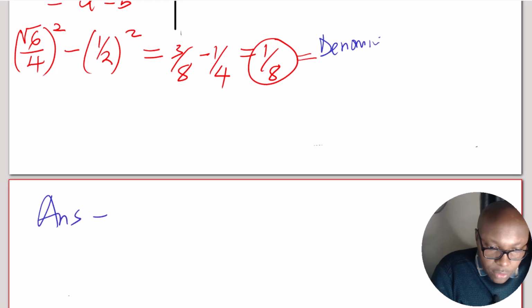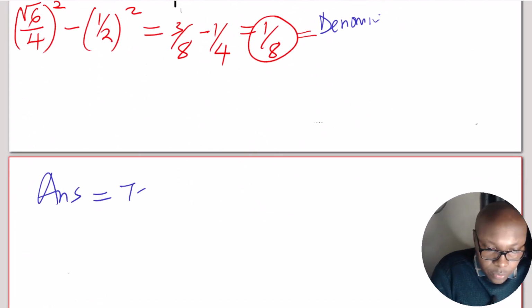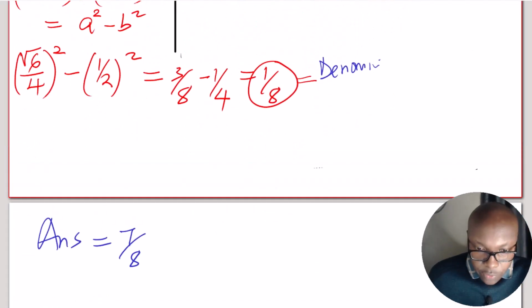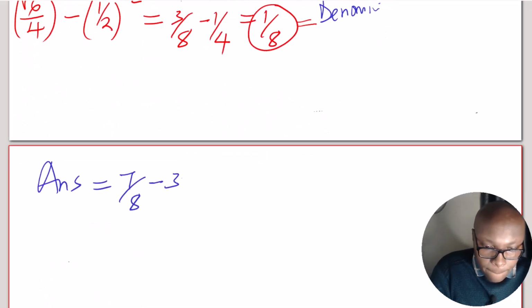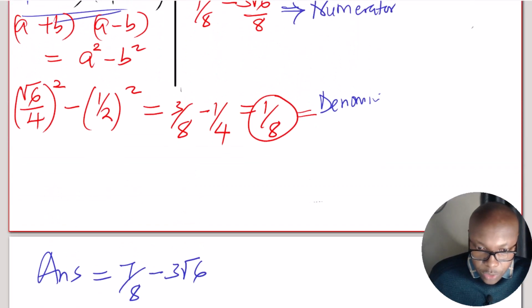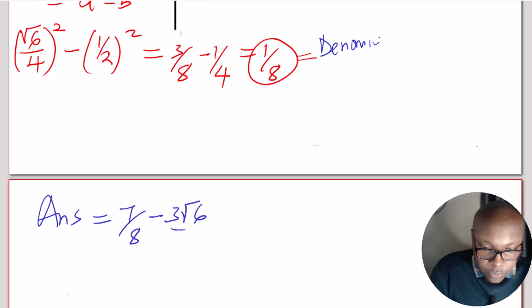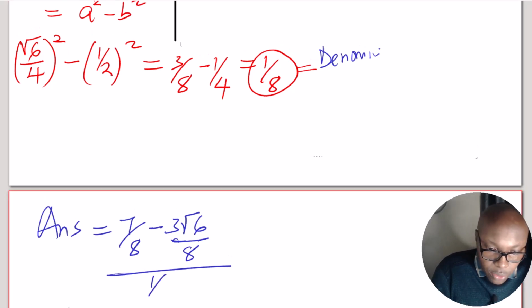So the answer will be given by whatever we got in the numerator, 7/8 subtract 3 root 6 divided by 8, then everything divided by the denominator, which is 1/8.